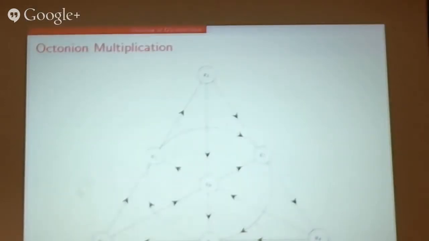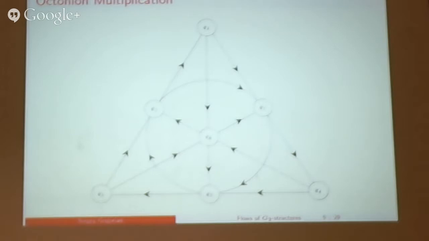So here is a diagram which can be used to work out octonion multiplication. Some of you may recognize this as the Fano plane. So if we have our 7 generators of the imaginary octonions, then we just follow the arrow.